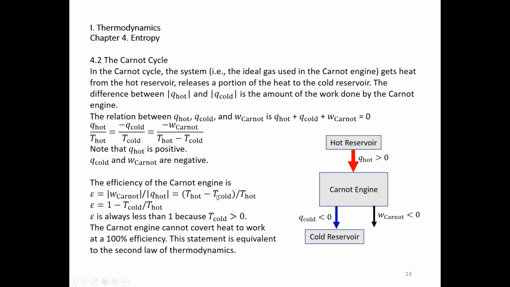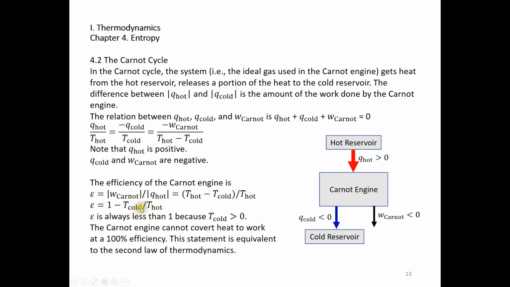Here's the analytical expression. The efficiency of the Carnot engine is denoted by epsilon. Epsilon is the amount of work of the entire Carnot cycle divided by Q hot, and it's just T hot minus T cold over T hot. And we can simplify this. This is 1 minus T cold over T hot. This is always less than 1 because we cannot achieve a 0 T cold.